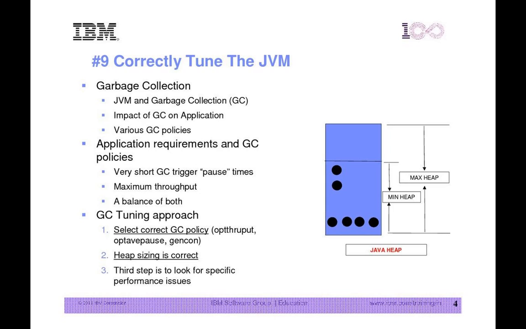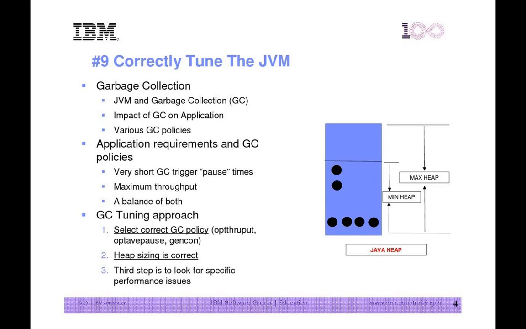If the heap size is too large, it takes a long time to clean up the heap, and the pause will be significant. So it is not recommended to set a very high max heap size, and ideally you do this kind of operation during the performance test time. You can try a couple of policies and see what works best for you.